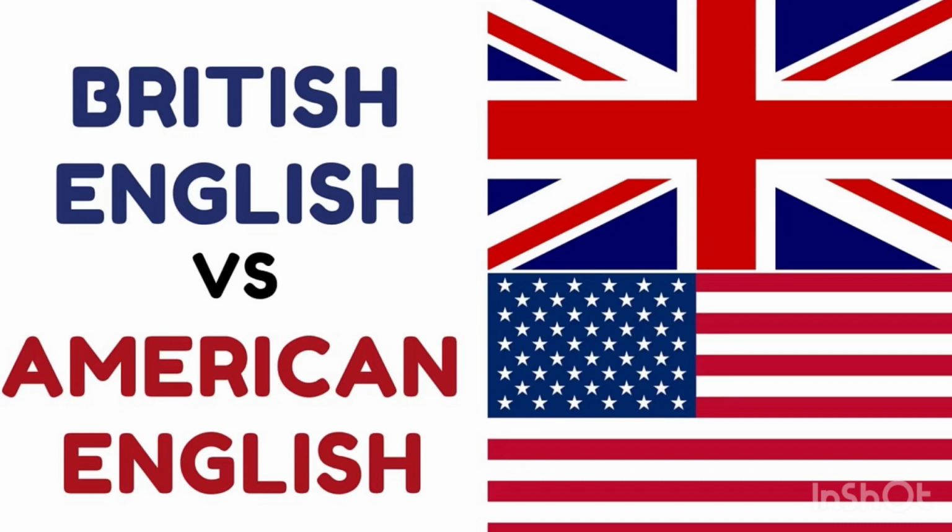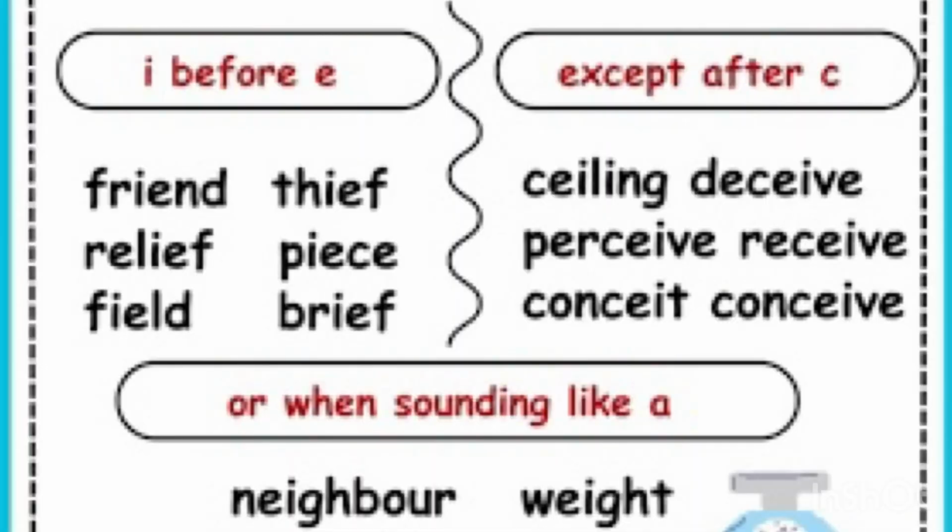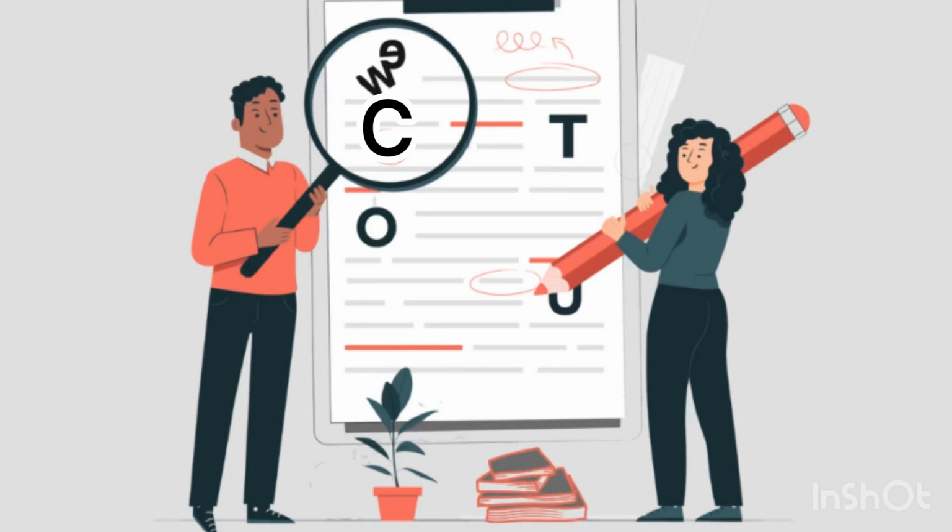A spelling mistake like I before E except after C, okay, we are going to identify this common rule with the letter C, or those kinds of rules.